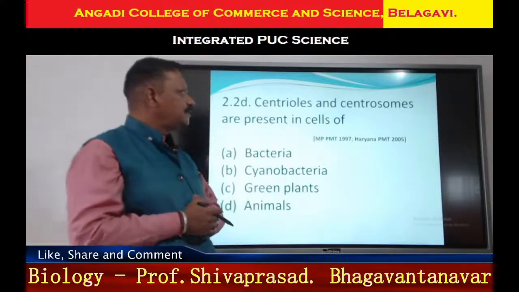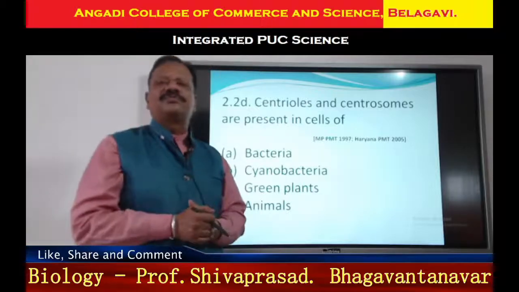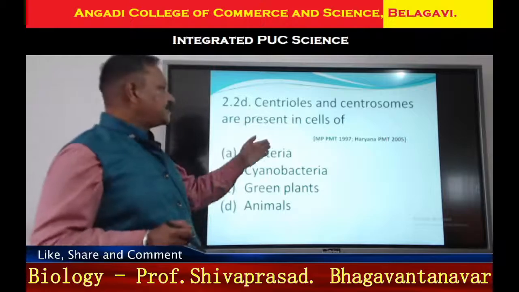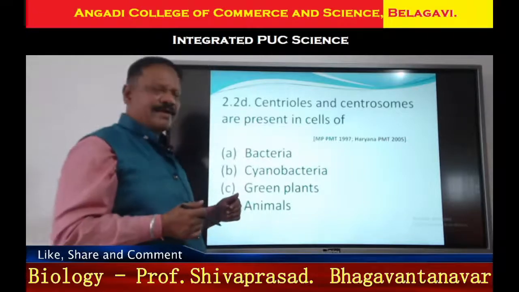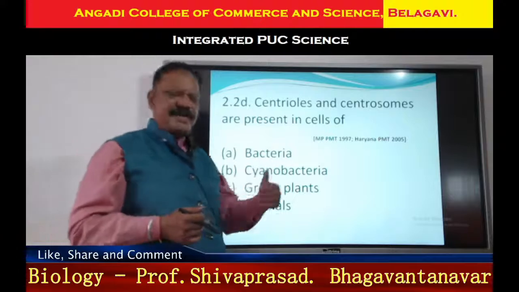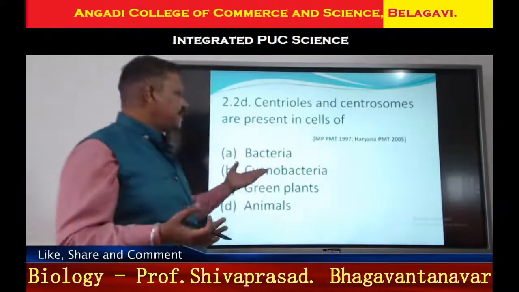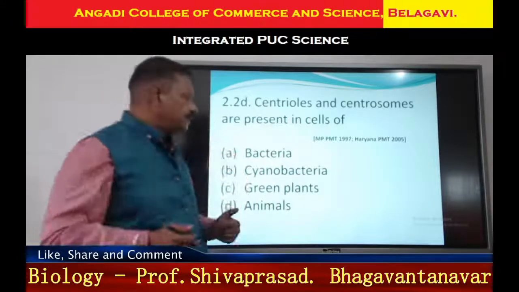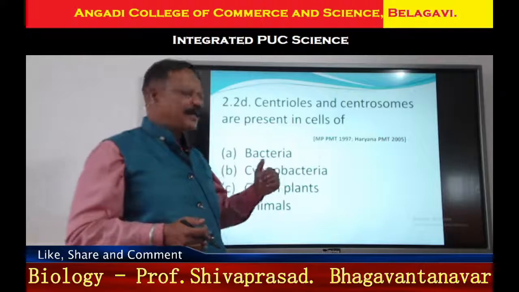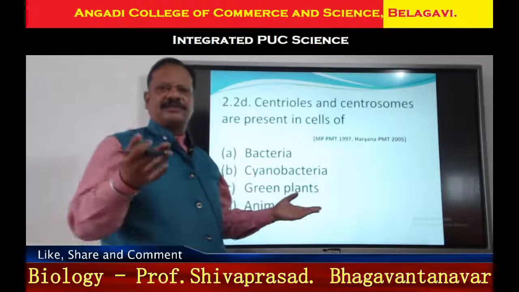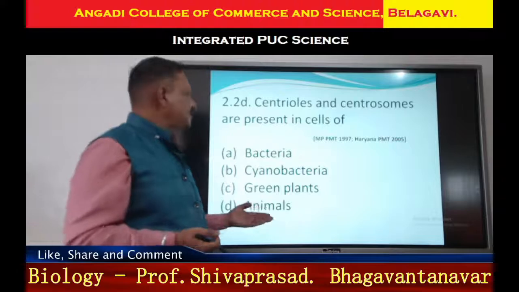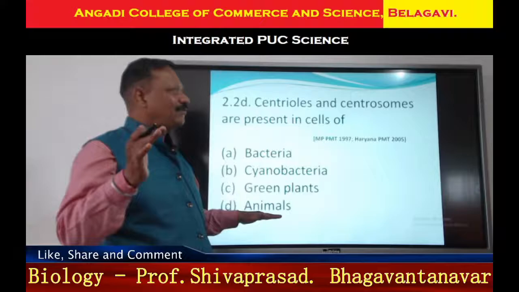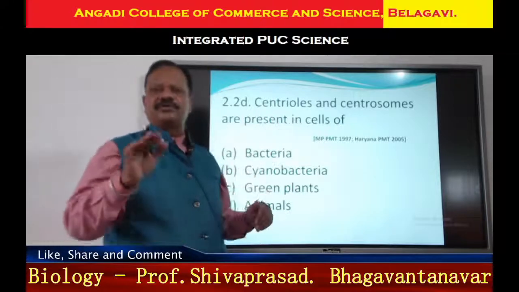The centrioles and centrosomes are usually found in animals. Bacteria are monerans. Cyanobacteria are also monerans, helpful in nitrogen fixation, also called blue-green algae. Then green plants, you know. The right answer is option D, animals. In case of animals, centrioles and centrosomes are seen.